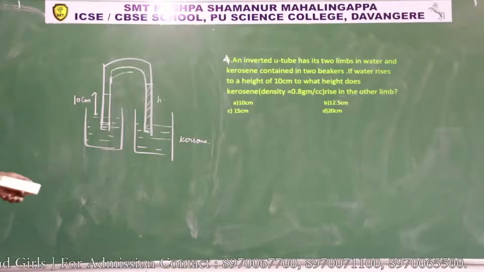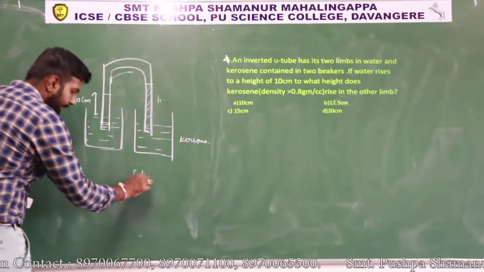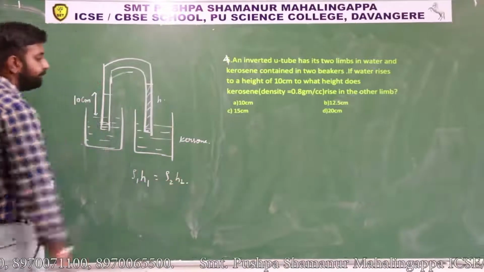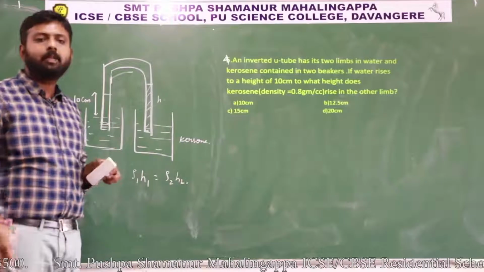For this which formula we have to apply? You can use rho 1 H1 equals rho 2 H2. Why? Because on both the beakers the atmospheric pressure is the same.